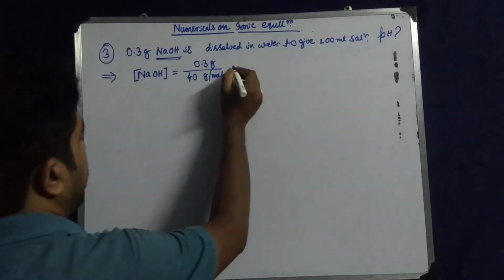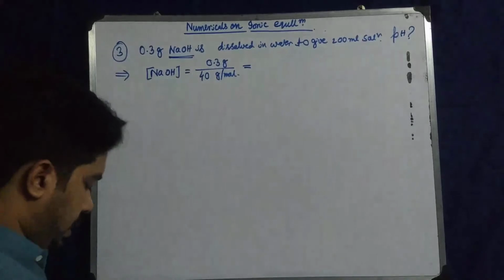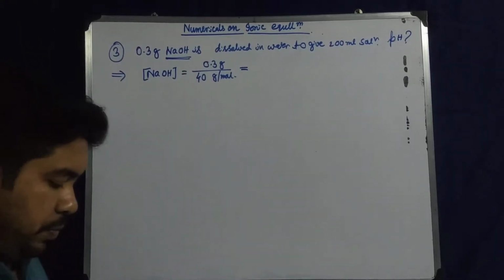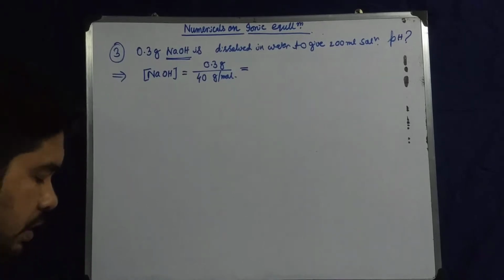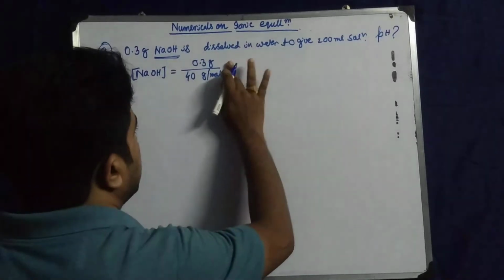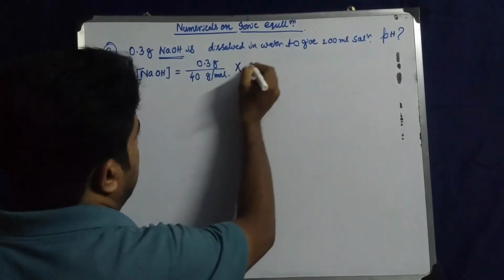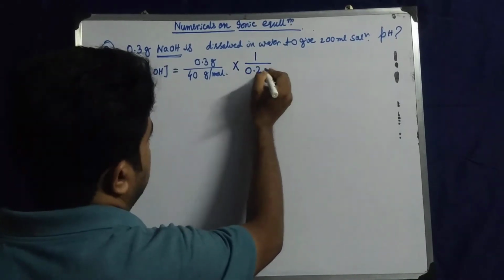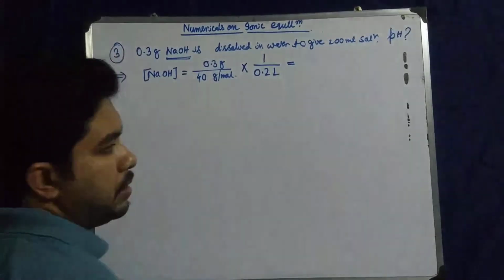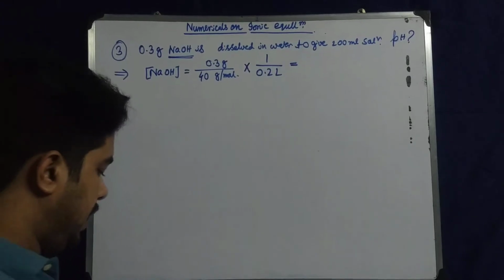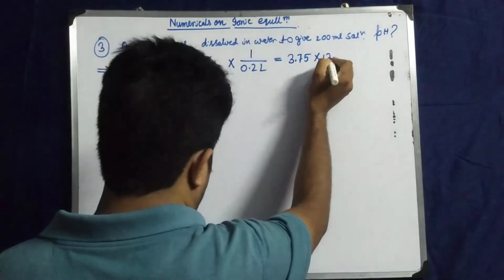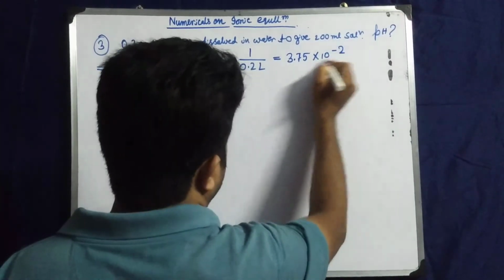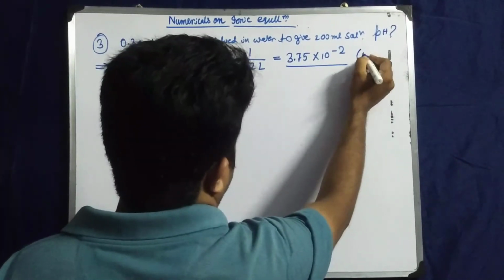So if we calculate, what will we get? 0.3 by 40. Let me do it. 0.3 by 40, so it will be, yes. Here we will multiply 1 by 0.2 liter. Then our answer will be 3.75 into 10 to the power minus 2. That will be our answer.